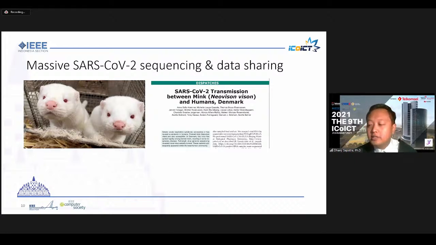So the solution to all this: some countries like the US and Europe have kind of solved, but not yet fully solved, the case of COVID, because they are doing massive and extensive sequencing. For example, in Denmark, everybody has to be tested every 2 or 3 days.